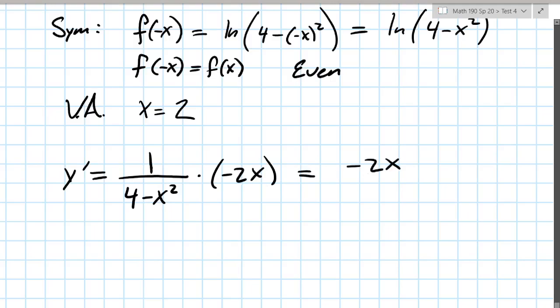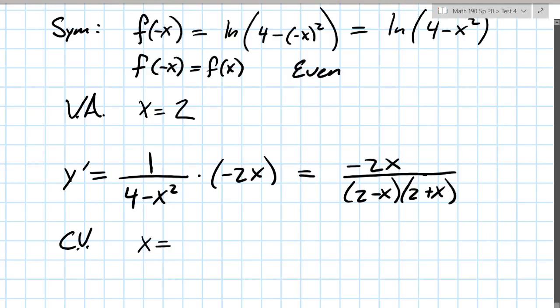So that's -2x divided by 4 minus x squared, sorry, 2 minus x, 2 plus x, factoring with the difference of squares. And at this point, we can find our critical values. There's a critical value when the numerator is 0, that is when x equals 0. And then setting the denominator to 0, we have x equals plus or minus 2.